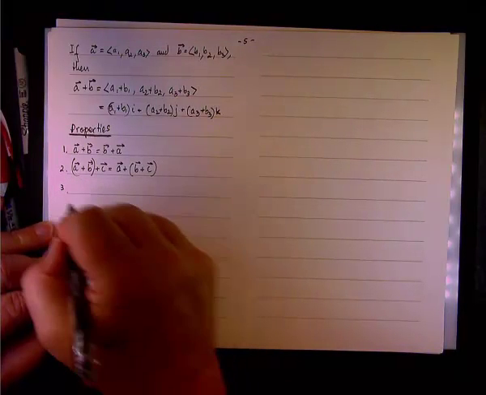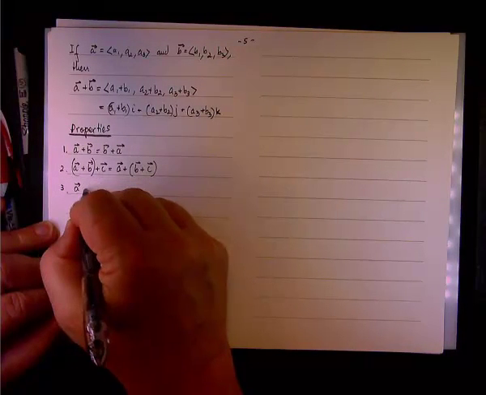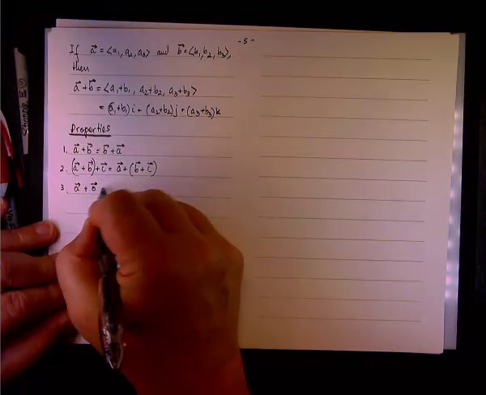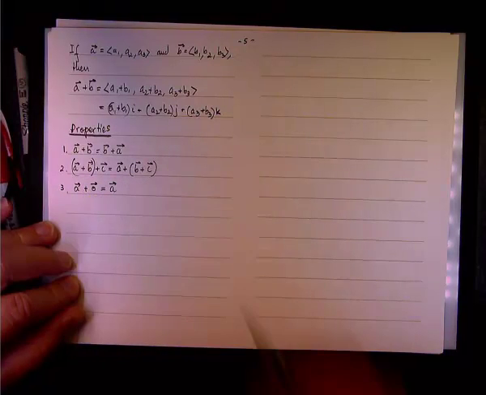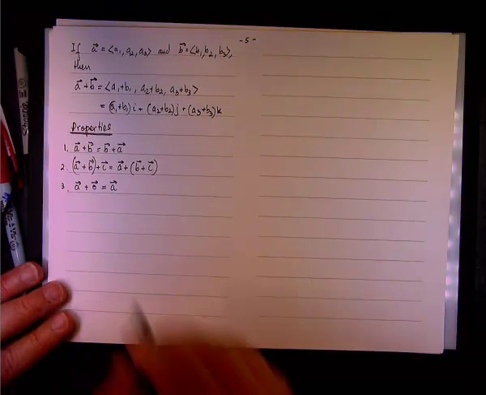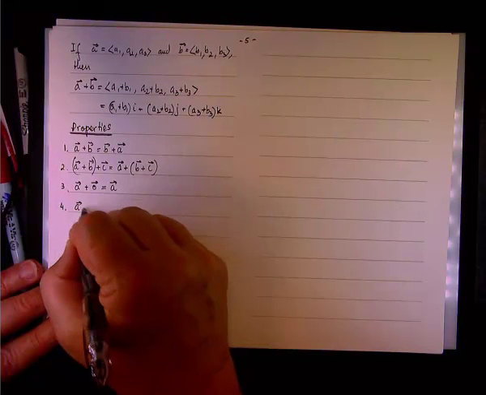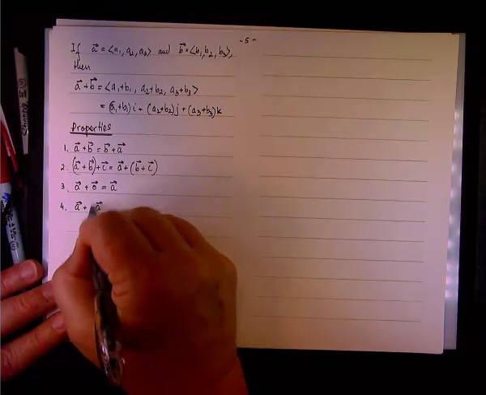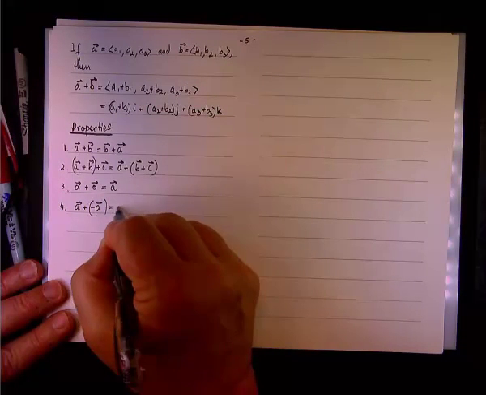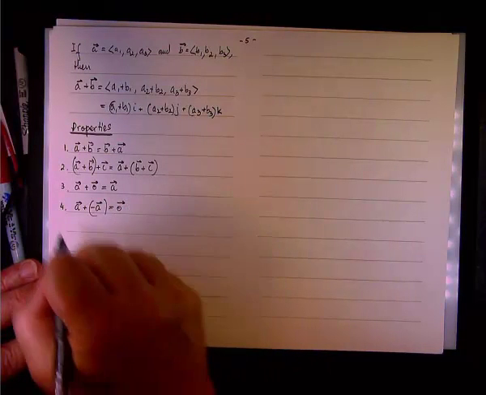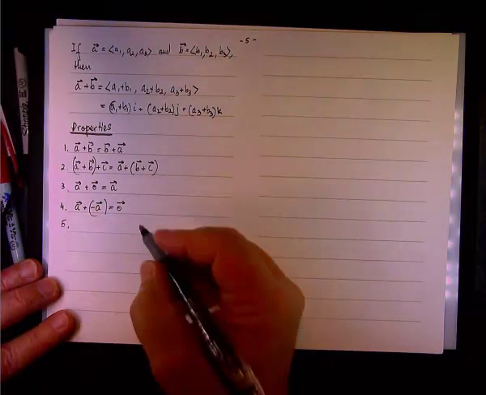Okay, the zero addition. Remember that zero vector that I talked about? So the zero addition, and the opposite addition: A plus the opposite of A gives you the zero vector.